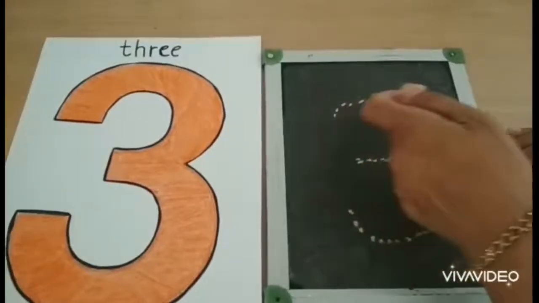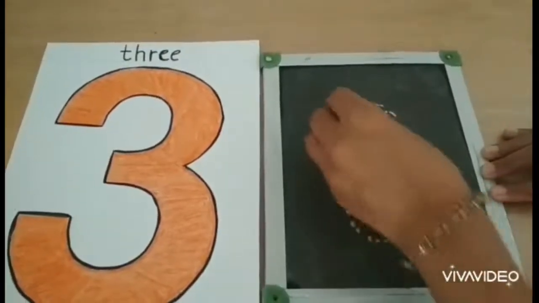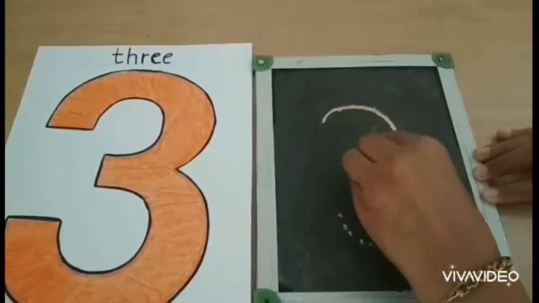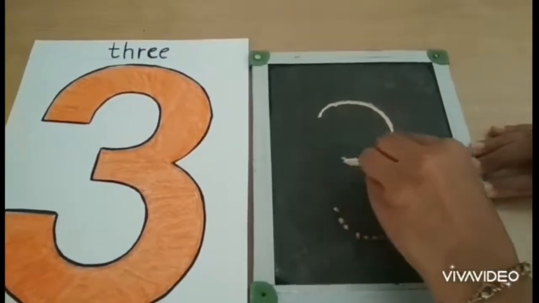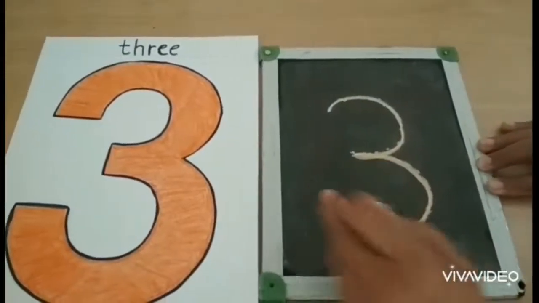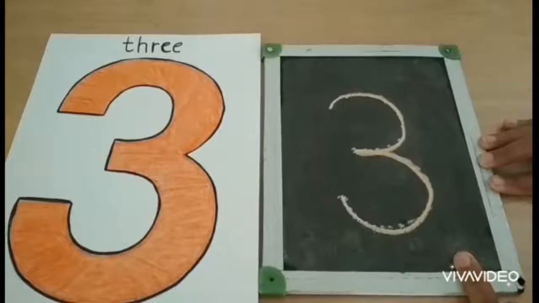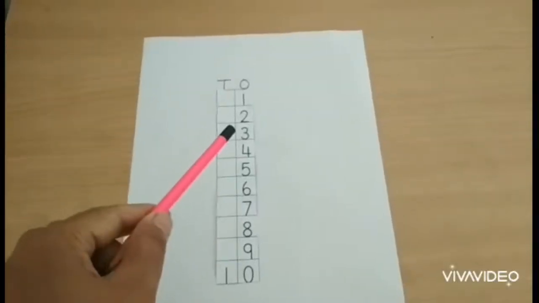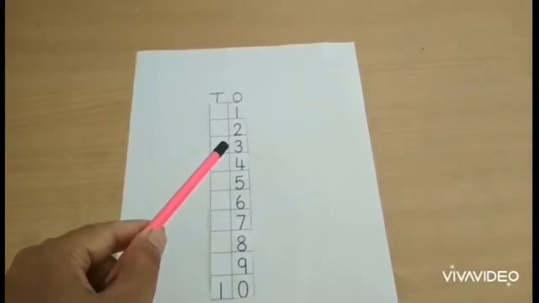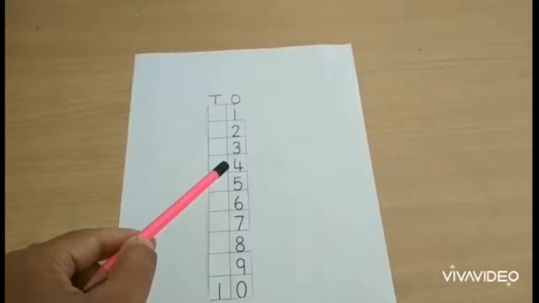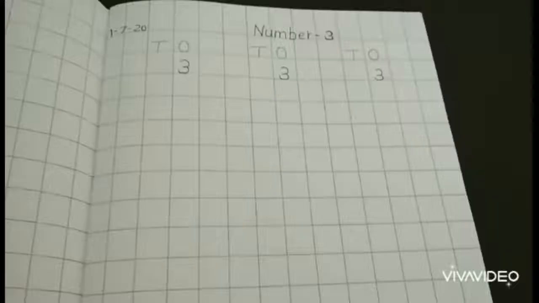Now we will trace this dotted line. Children, here you can see the place of number 3. It comes after number 2 and before number 4.